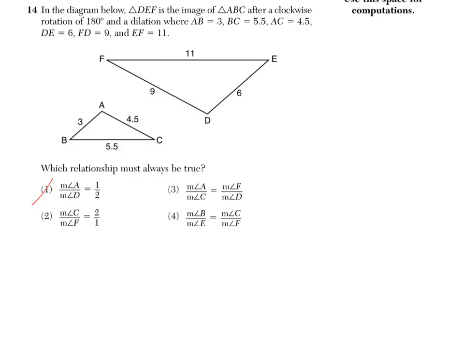So the measure of angle C to the measure of angle F is 2 to 1. Same situation as number 1. We don't even know what the angle measures are to even say that it has that ratio, so that can't be true at this point.